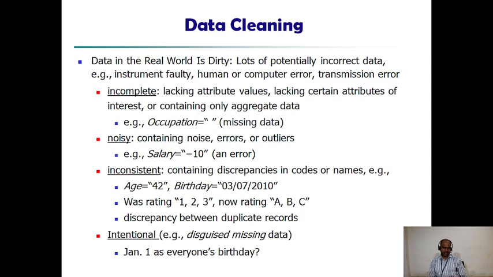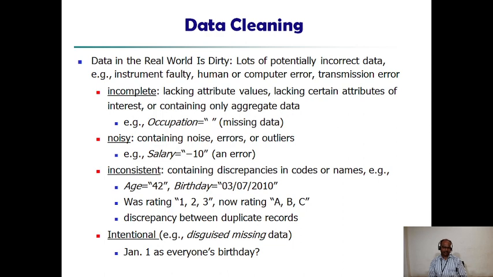For example, rating 1, 2, 3 in some areas, and in some databases the rating may be A, B, C. So this causes inconsistent data, or discrepancy between duplicate records. So same records existed at multiple sources. So these all come under inconsistent data. We have to avoid this kind of data.